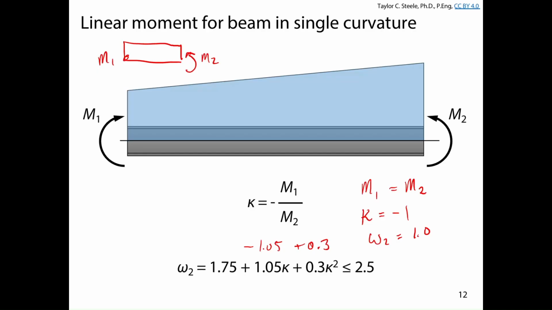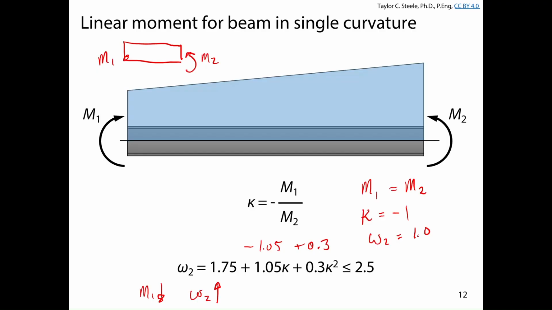Can anyone do that mental math? What do we get for omega 2 if kappa is 0? 1.75, right? We get 1.75 plus 0, and so basically as the moment at one end of the segment decreases, kappa gets smaller and omega 2 goes up. Okay, so as M1 decreases, omega 2 increases.